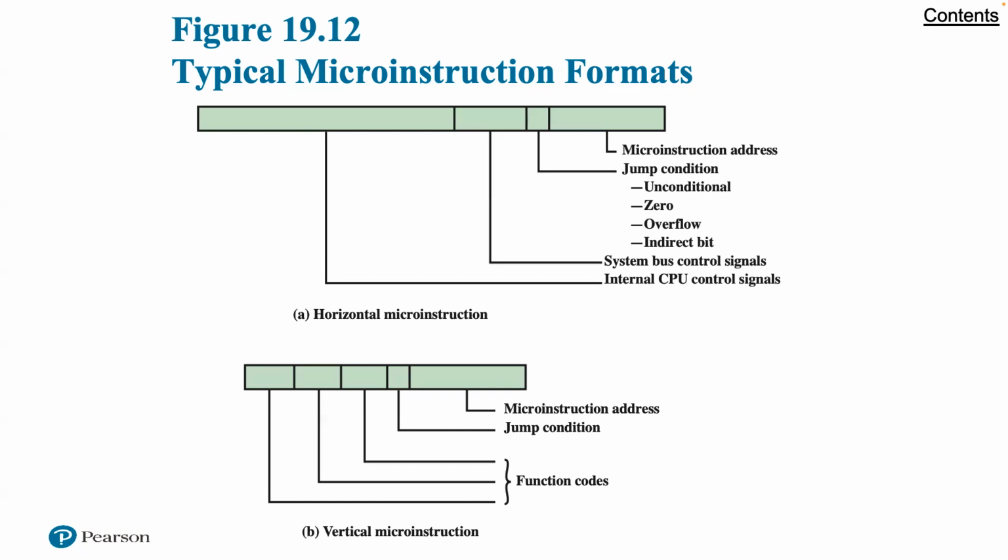The resulting control signals will cause one or more microoperations to be performed, all the ones with a 1 bit associated with them. Secondly, if the condition indicated by the condition bits is false, we execute the next microinstruction in the sequence. And thirdly, if the condition indicated by the condition bits is true, the next microinstruction to be executed is indicated by the address field.